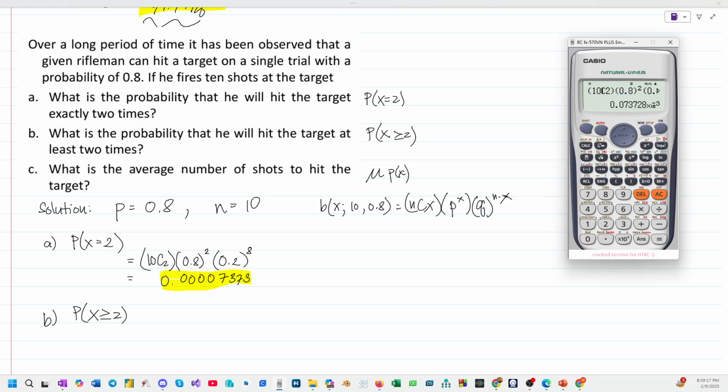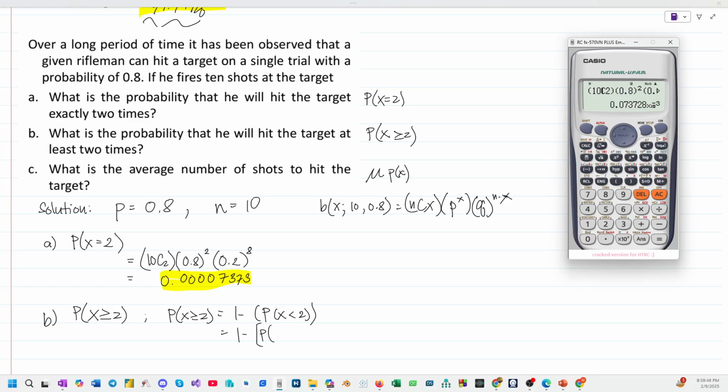Usually, ang gagawin natin dito is i-add natin lahat ang probability ng 2, 3, 4, 5, 6. Pero gagawin natin is kukomplement natin siya. 1 minus the probability of x less than 2.